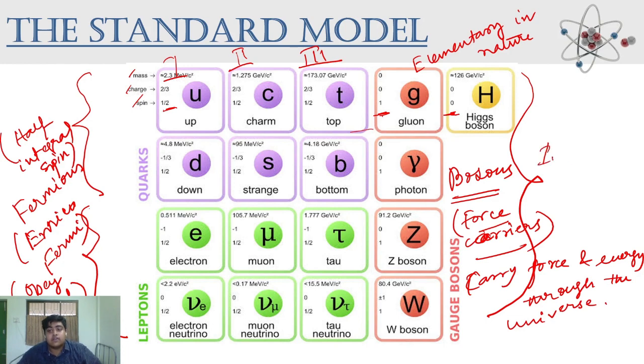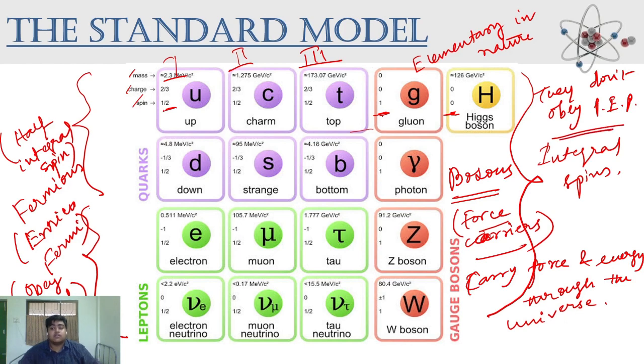They have integral spins and they don't obey the Pauli exclusion principle. So we can say that mesons have some similarity to the bosons since they also do not obey the Pauli exclusion principle.